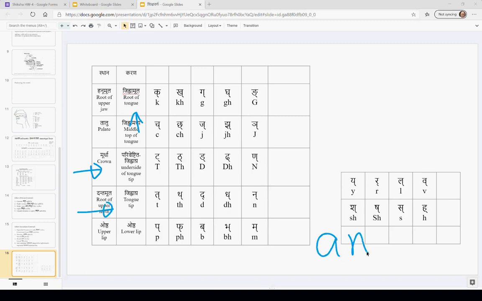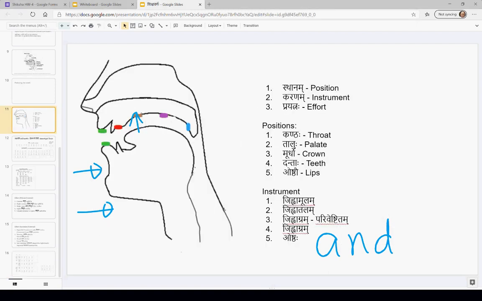So if you want to say 'and', for native English speakers, the tip of the tongue probably touches somewhere here, sorry, not exactly the root of the teeth, but still above that, if I'm right.